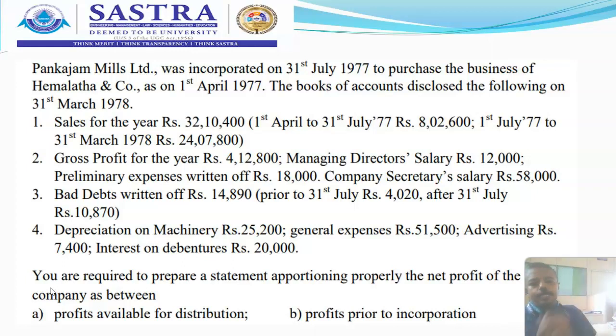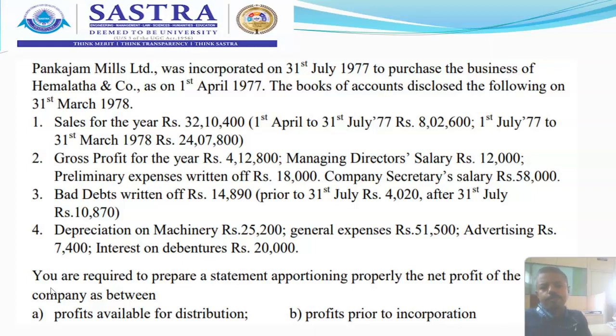The question has been revealed to you for your understanding. Let me brief about this question. Pangajam Mills Limited was incorporated on 31st July 1977 to purchase the business of Hemalata on 1st April 1977.